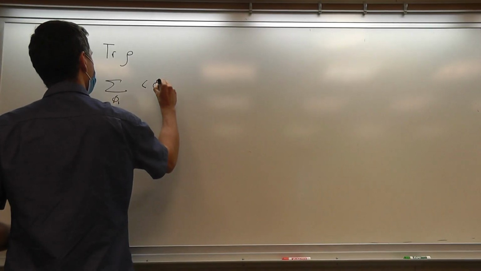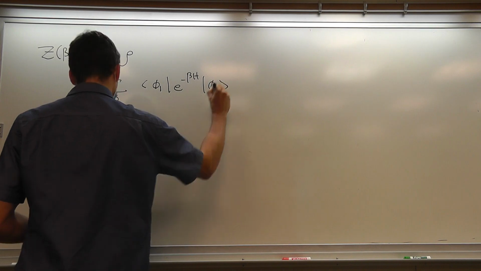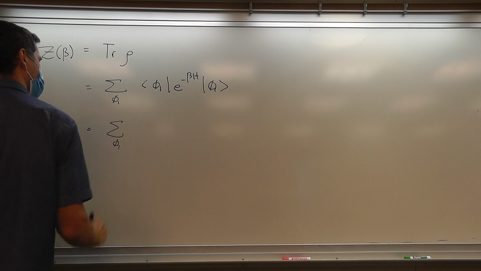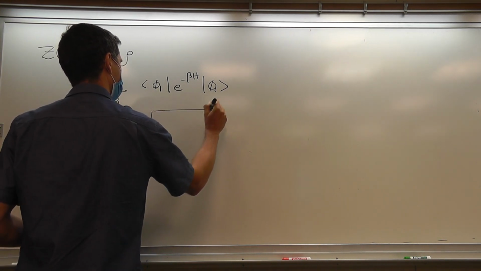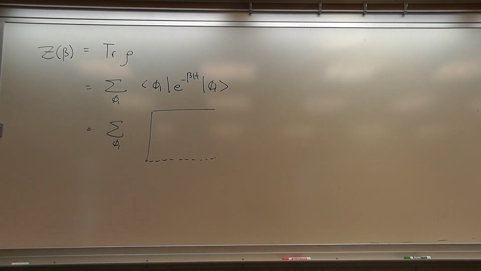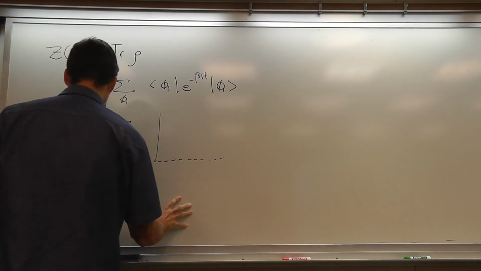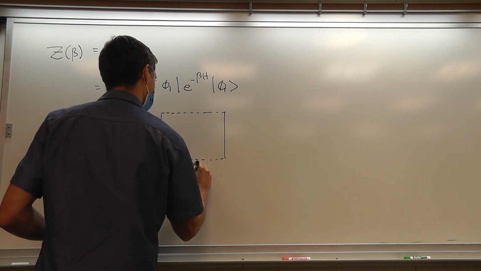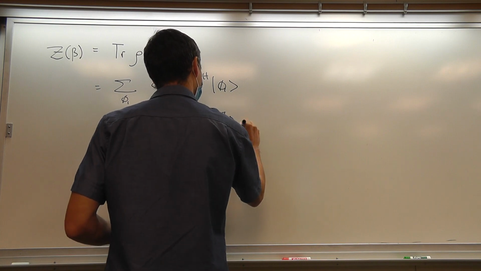That's the sum over phi 1 of <phi 1| e to the minus beta H |phi 1>, which is the sum over phi 1 of the path integral with a phi 1 at bottom, phi 1 at top, and size beta.